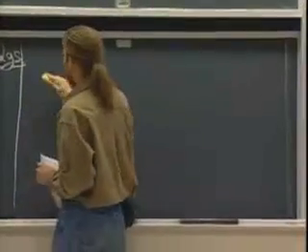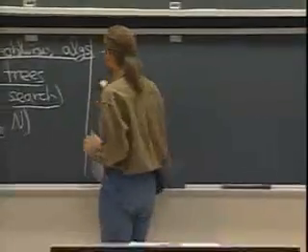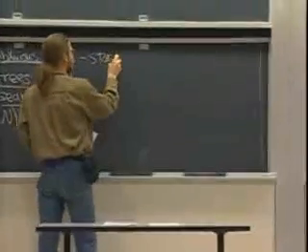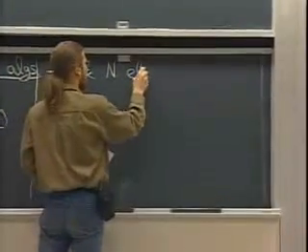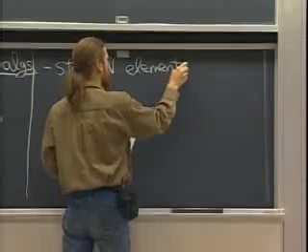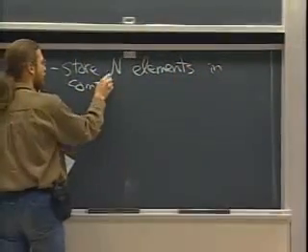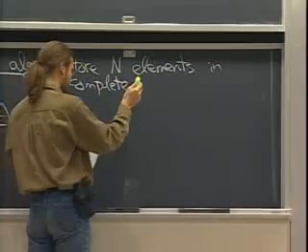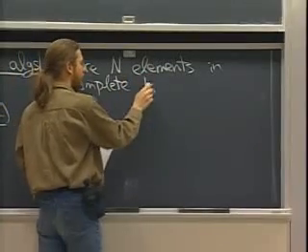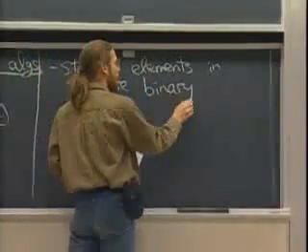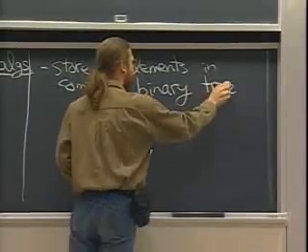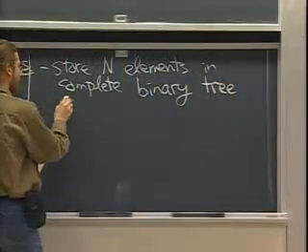So here's what we're going to do. As you might suspect, we're going to use a tree. So we're going to store our n elements in a complete binary tree. We can't use B-trees because we don't know what B is, so we'll use a binary tree. And the key is how we lay out that binary tree.